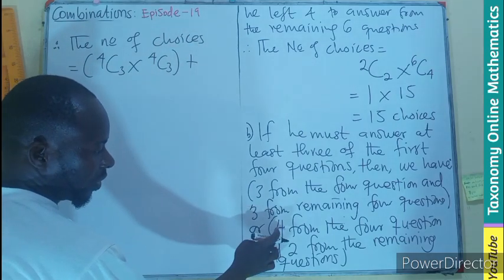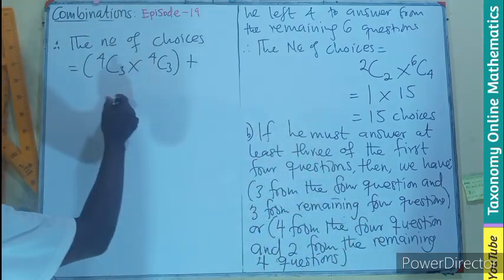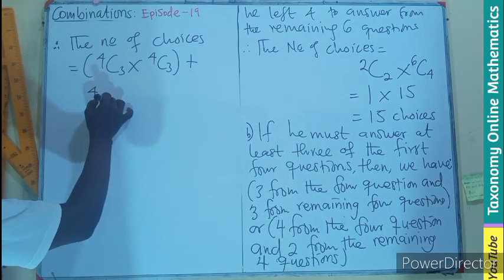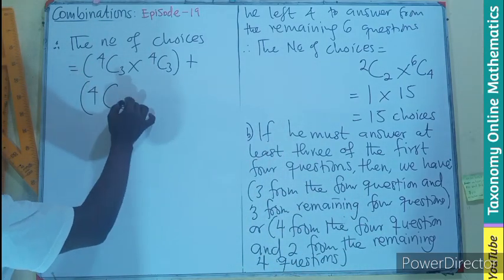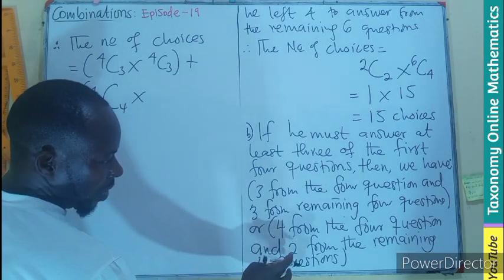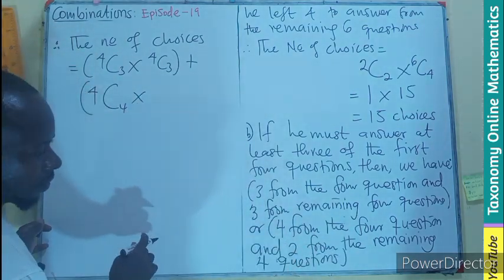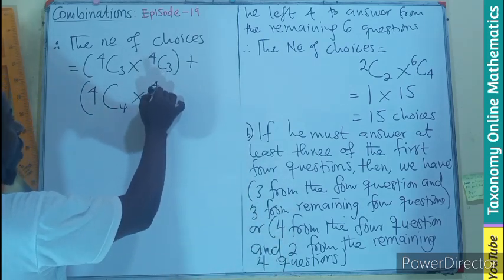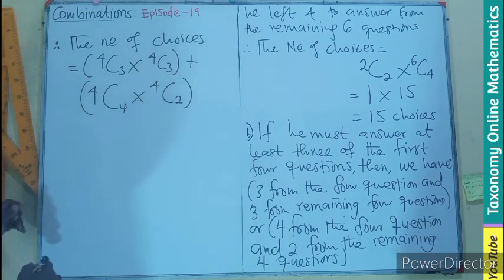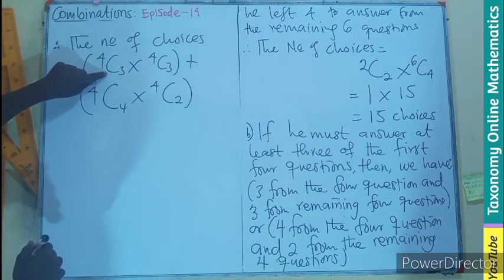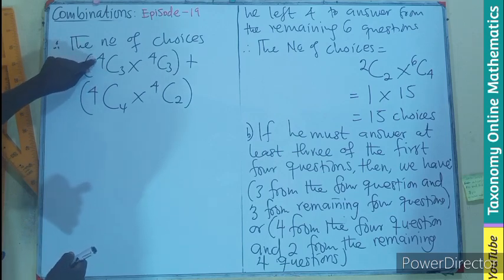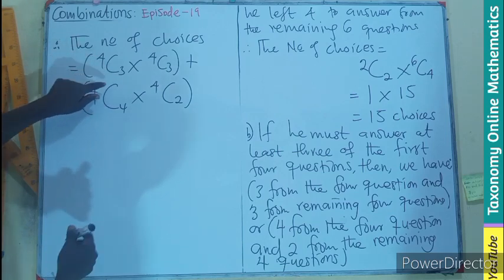We are coming to this place, 4 from where? From 4. So I can have 4 combination 4 times, where am I going? I'm picking 2 from 4. So that makes it 4 combination 2. Remember, in the case of this, it is more or less like 4 combination 1, and that will give you 4.